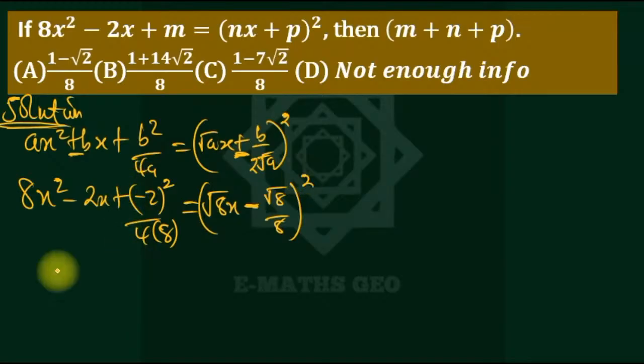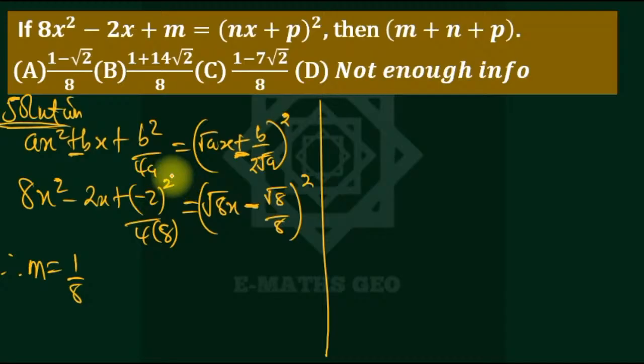So what do you notice? Therefore we'll see that m is 1 over 8. That's this. N is root 8.